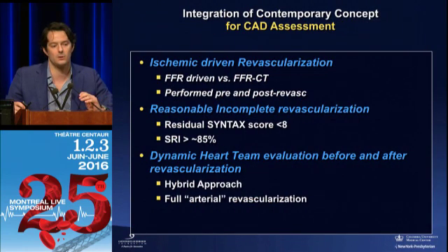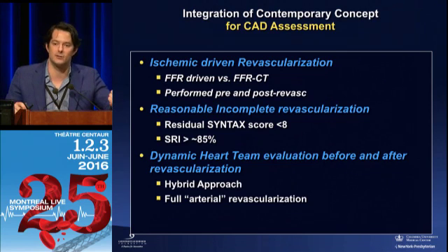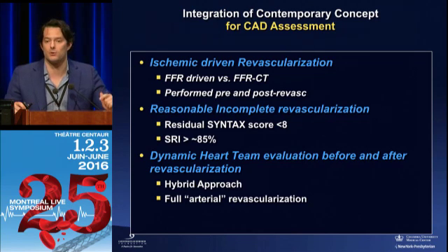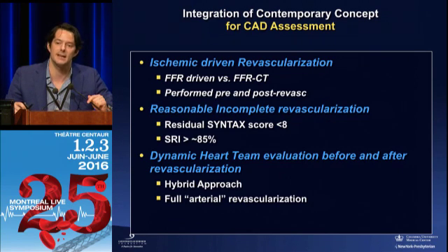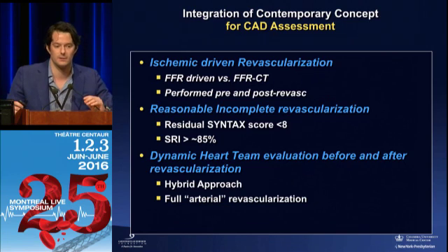So I will conclude that I believe that CAD assessment should be based on ischemic determinants first, more importantly, pre and post revasc. Something missing here is we assume that we did a good job, but we never test for ischemia after. We should aim for a reasonable ischemic revascularization, not damage the patient if you're not able to do it.